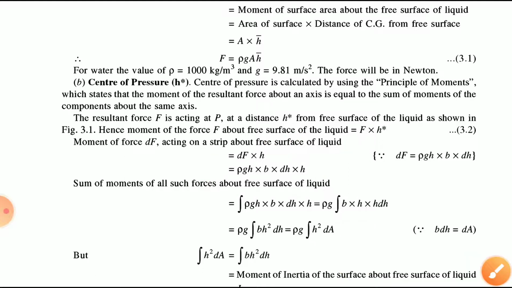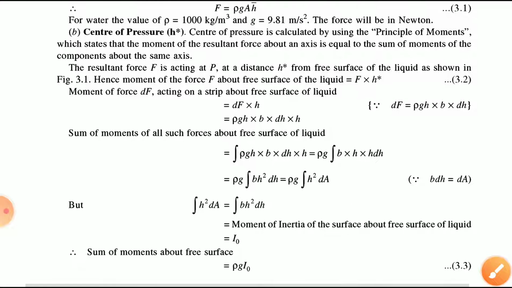Now if we combine the moments of all the forces acting on all these elemental strips, the equation will become the integration of rho g h into b into dh into h.